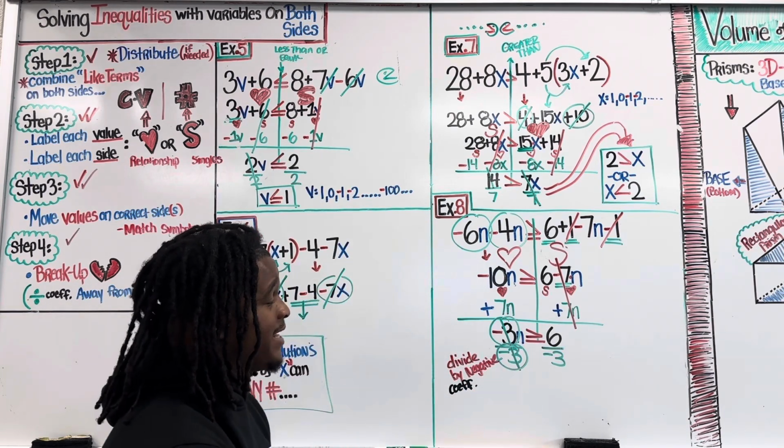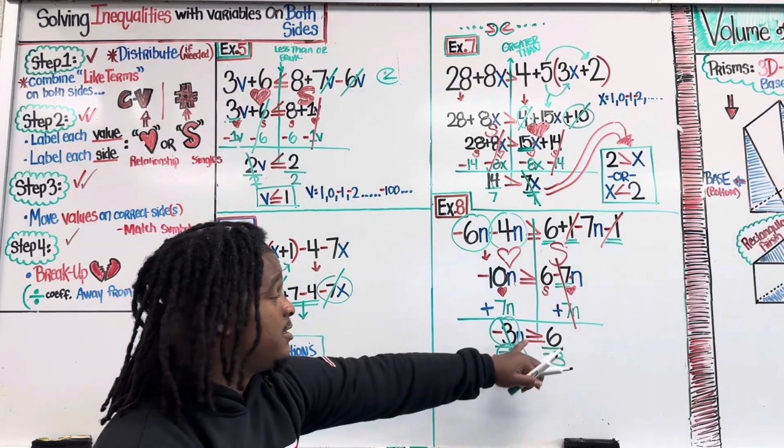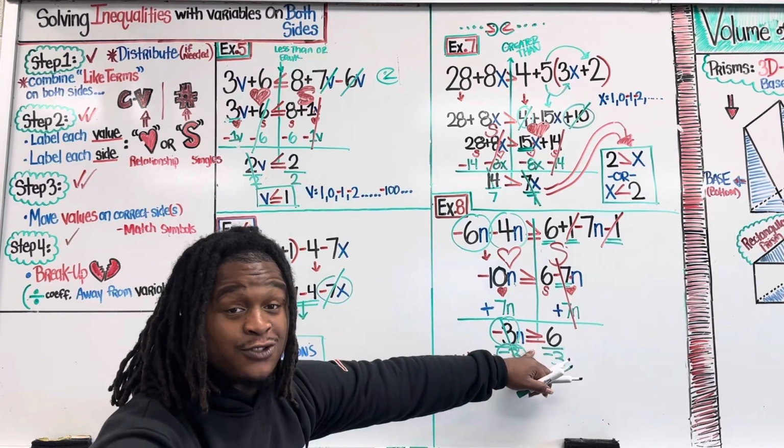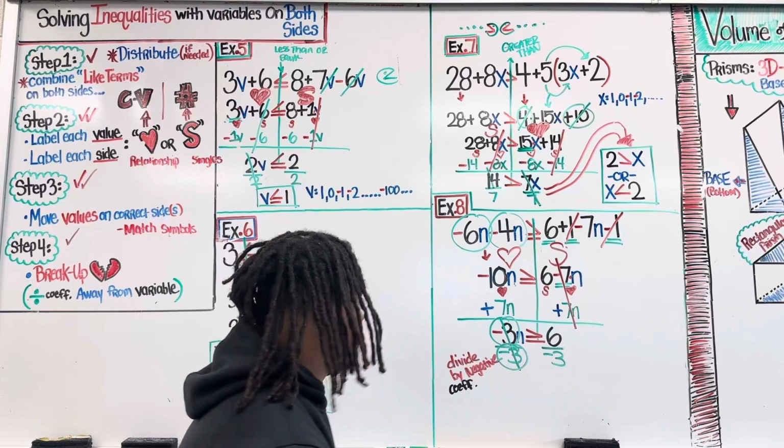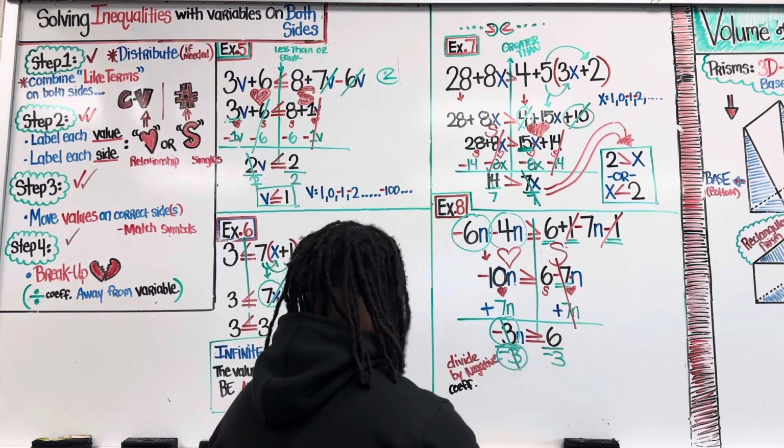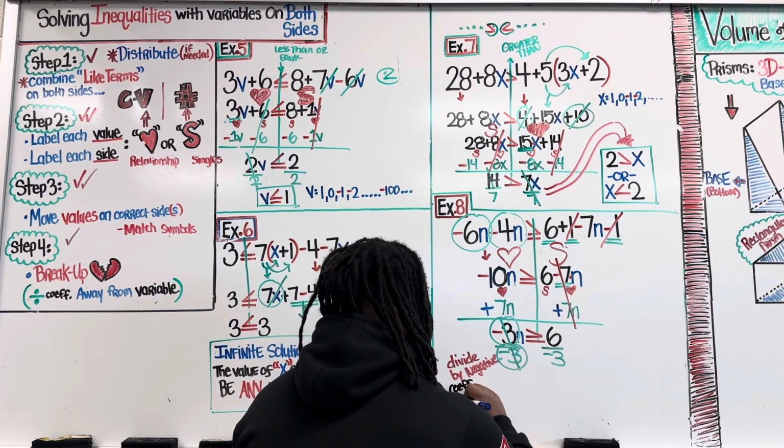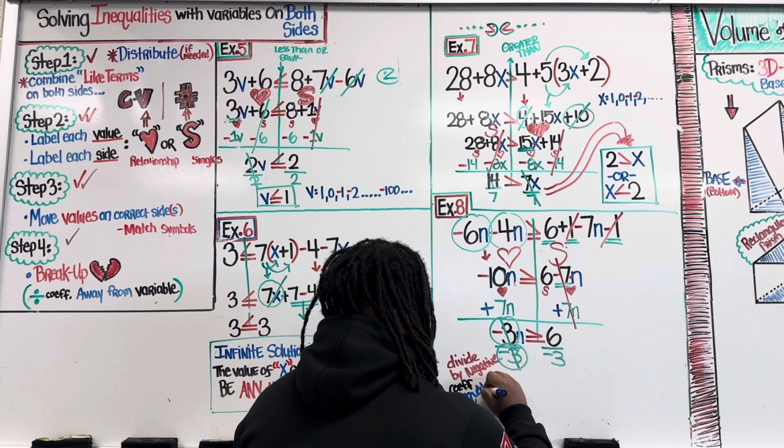Whenever you divide by a negative coefficient, guys, the inequality sign has to flip, okay? The inequality sign has to flip. So let me put that, guys. Inequality sign must flip.